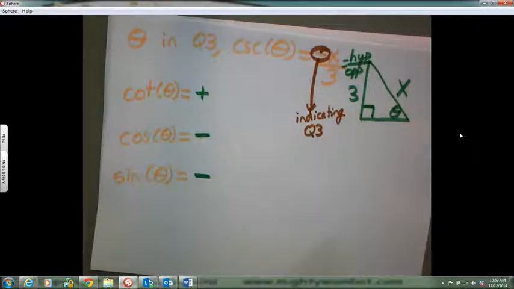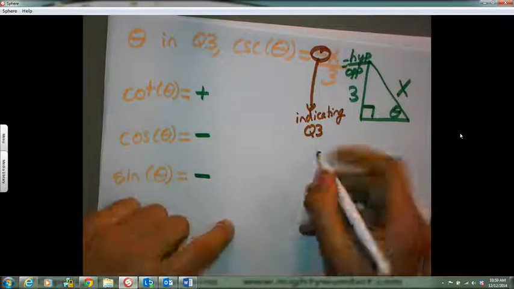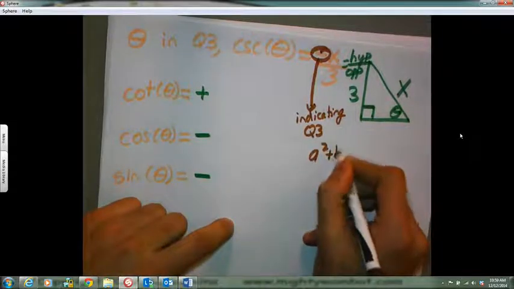A squared plus b squared equals c squared. Many of you all are able to do this on your own without me. Please feel free.